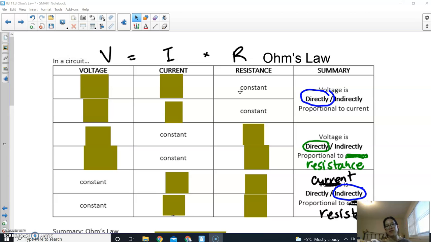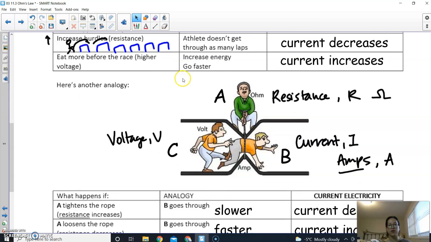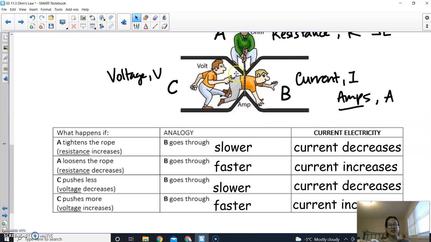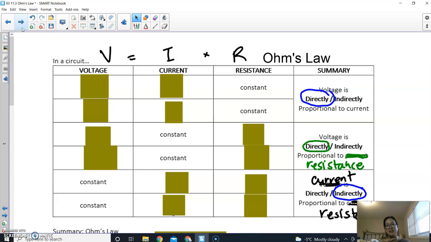Within Ohm's law, we know that voltage is equal to current times resistance. Let's say we are keeping the resistance constant. That means that over here, the tightness in this little tube, the amount of resistance being supplied in the wire, is being kept the same.